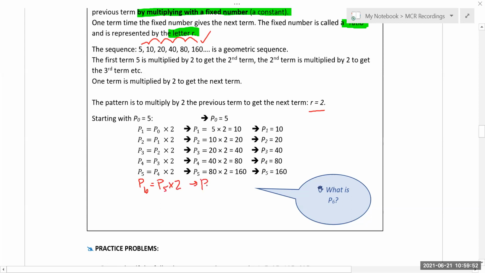Well, P5 was 160, times 2 is 320. So P6 is 320, which is also the 7th term. All right, so that recursive formula is that you can take the previous term and multiply it by your r.